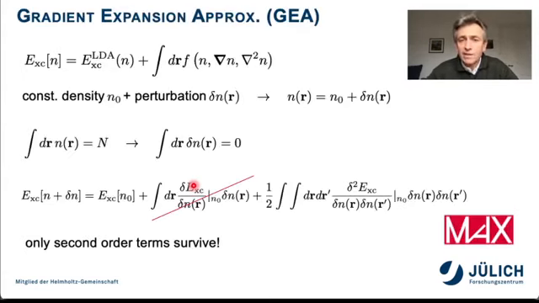There were the so-called gradient expansions that were constructed, and for this you say, okay, my exact exchange correlation energy is this LDA exchange correlation energy plus something that depends on the gradient or on the square of the gradient, and the density is then given by a constant density plus some perturbation in the vicinity, this delta n here.